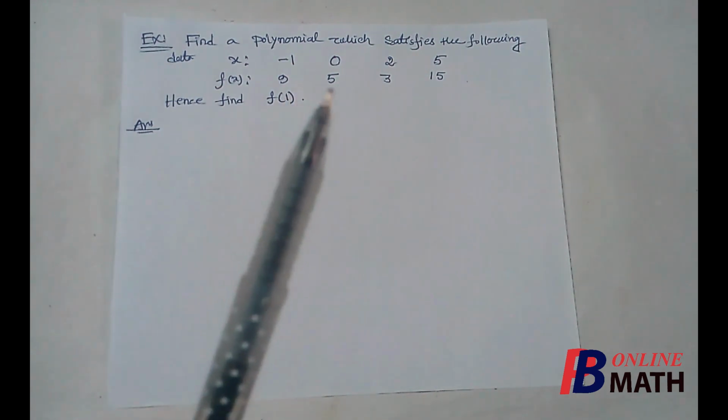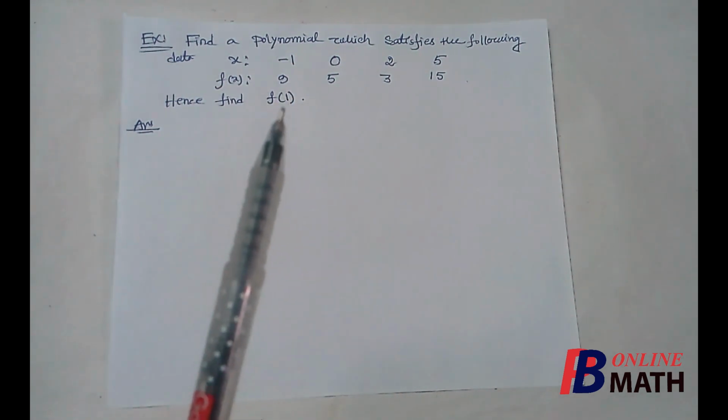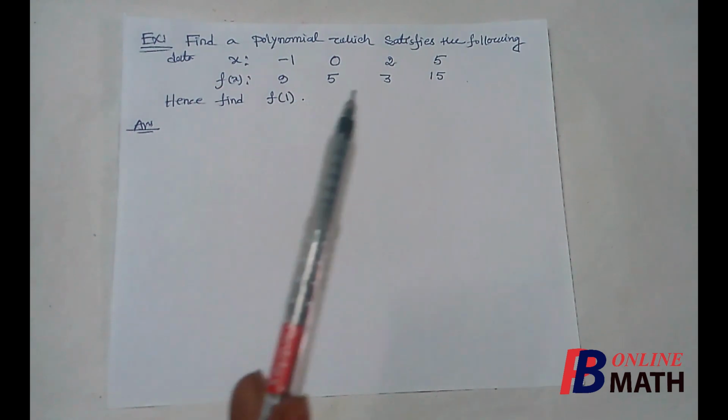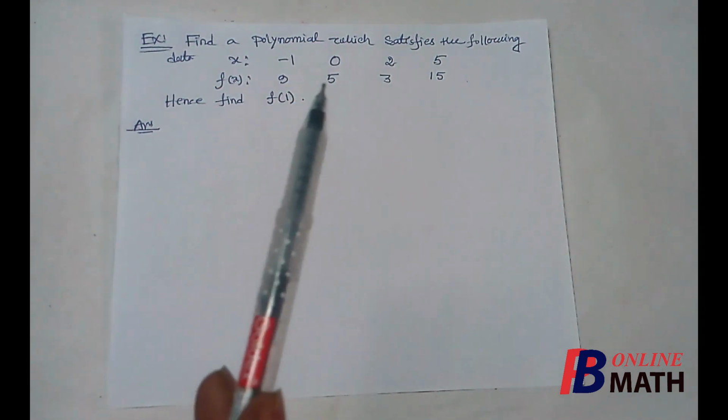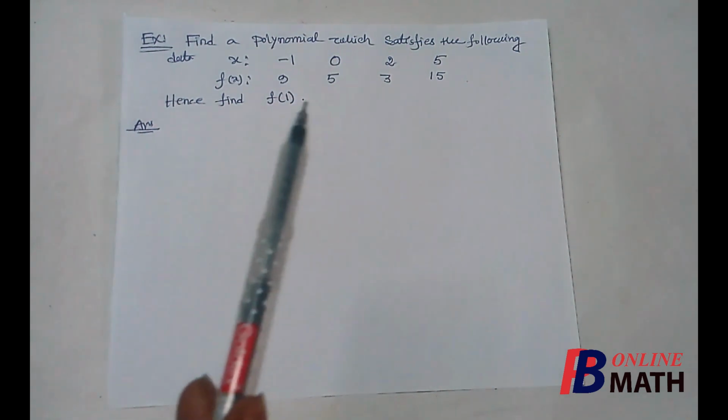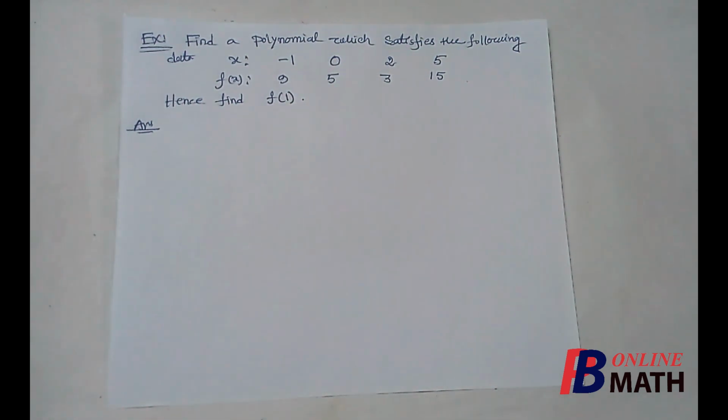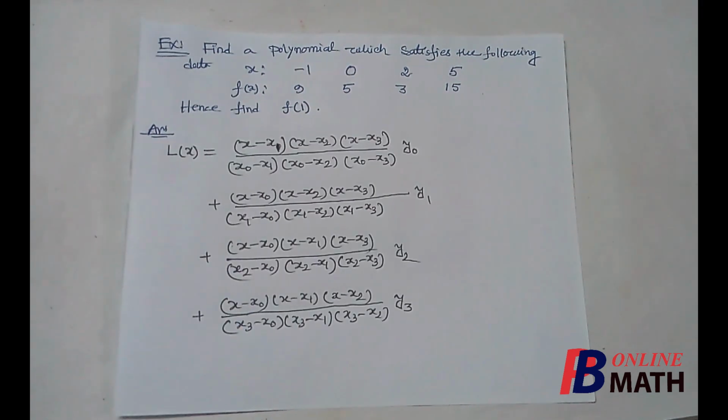So 4 arguments are given and corresponding 4 entries. So these arguments are x0, x1, x2, x3 and y0, y1, y2, y3. These 4 are entries. So first we write the Lagrange's interpolation formula for 4 arguments. Now this is the Lagrange polynomial formula for 4 arguments.